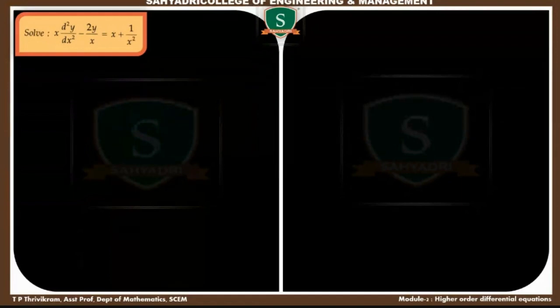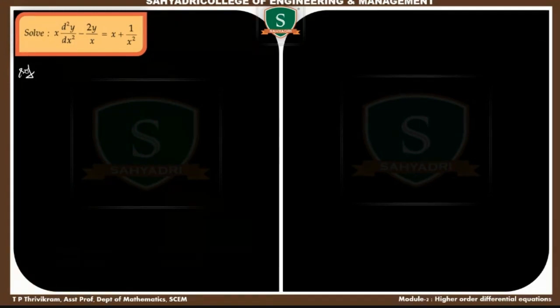So again check with this problem. So here we are having x into d square y by dx square minus 2y divided by x equal to x plus 1 by x square.